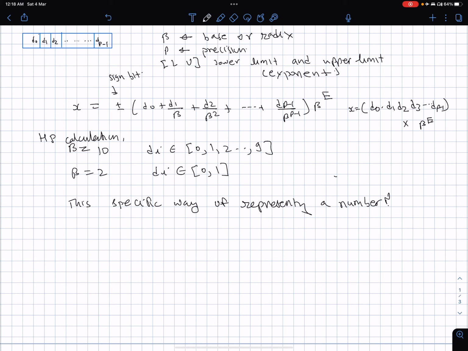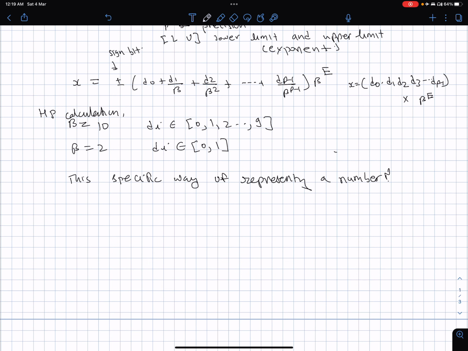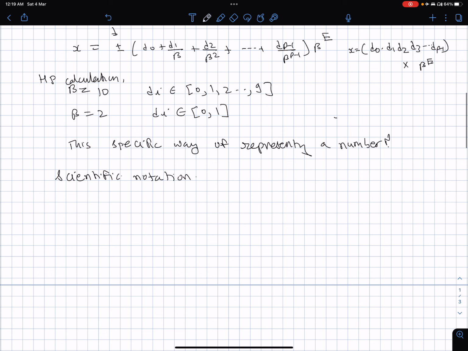The idea is that this floating point number system basically resembles what we have in the scientific notation. You must have studied it at school level or somewhere else in science classes or experiments. So it's very much motivated from there.